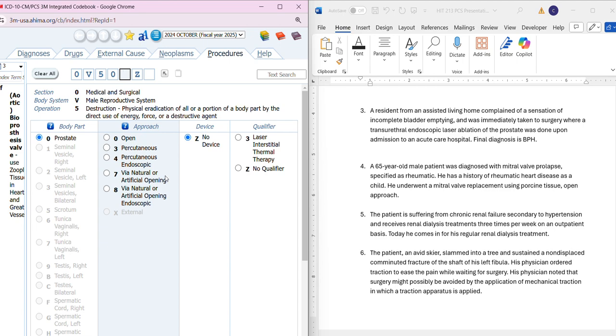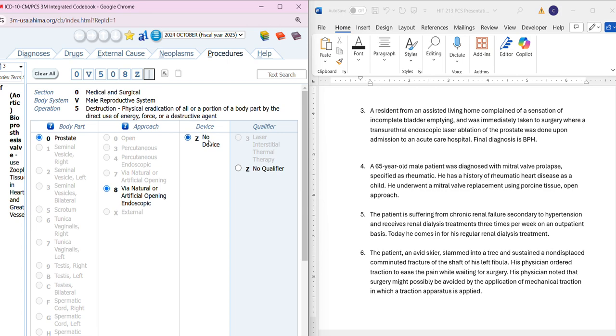And for the approach, it's going to be via natural or artificial opening, endoscopic, because the urethra is a natural opening, but it's endoscopic because it says endoscopic laser ablation transurethral. So basically that means they are putting a scope up the patient's urethra to help do this procedure.